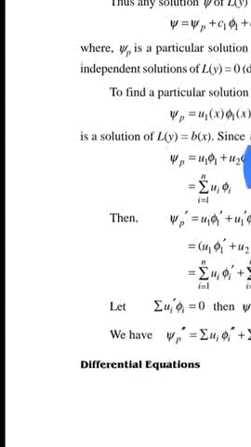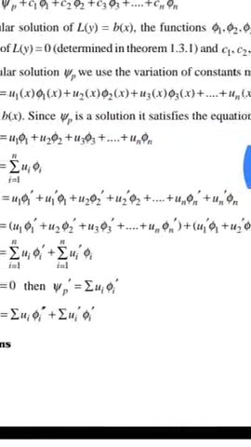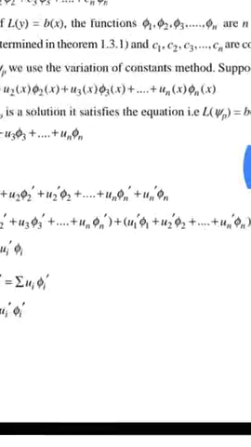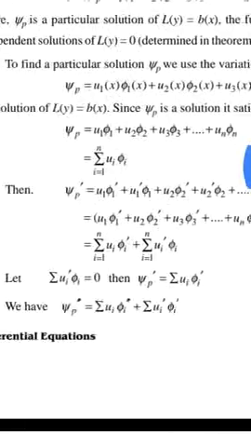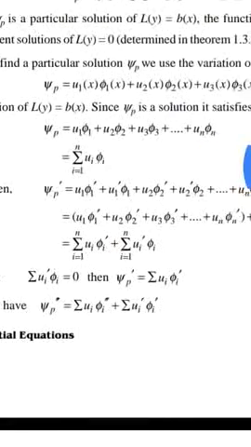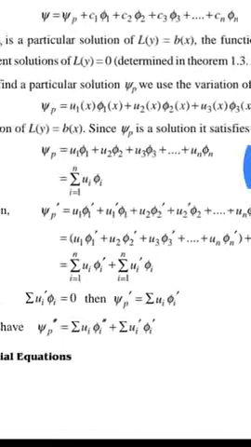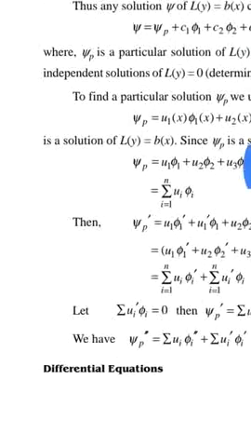To find a particular solution psi p, we use the variation of constants method. Suppose psi p = u1(x) phi 1(x) + u2(x) phi 2(x) + ... + un(x) phi n(x) is a solution of L(y) = b(x).